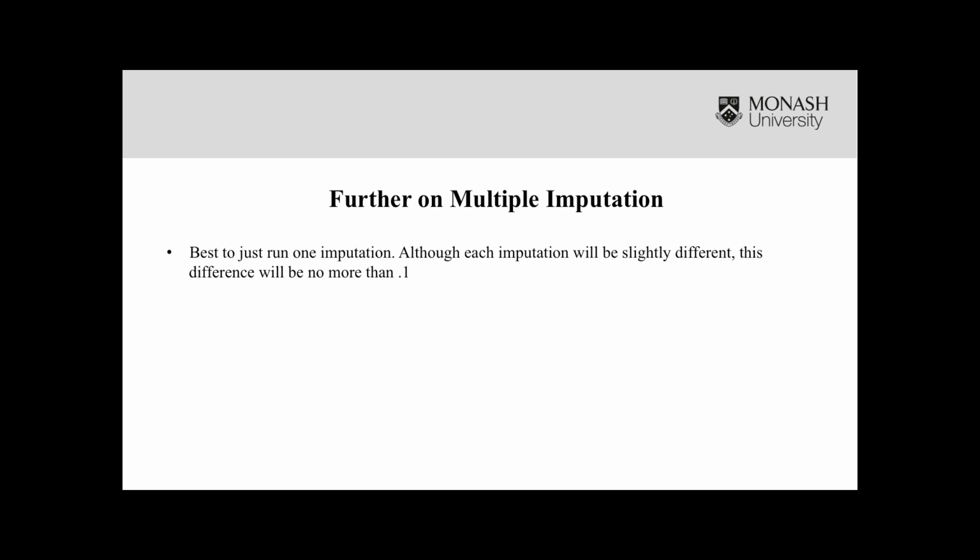So each time there's a randomly different assignment of those items to predict that missing data. There will be a difference in terms of your imputed data, but that difference will be so insignificant. It will be no more than 0.1 in comparison to the missing data obtained through other multiple imputations.